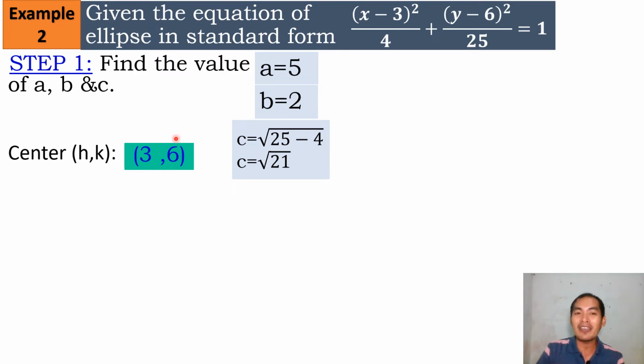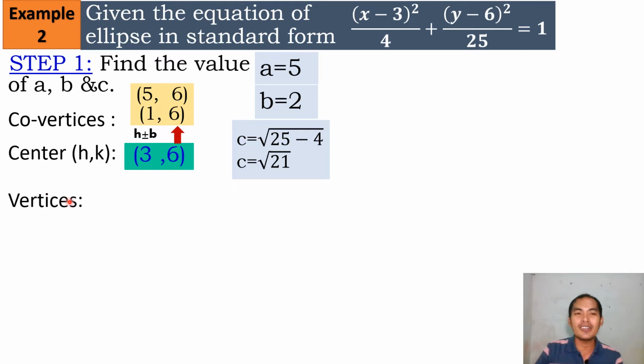So sa y, kukopyahin ang co-vertices, itong 6. Okay? So kukopyahin yung 6 at yung sa x ay you apply h, ito, 3, plus or minus b, the value of b. Okay, for co-vertices, laging b. So we have 3 plus 2 is 5, 6. 3 minus 2 is 1, 6.